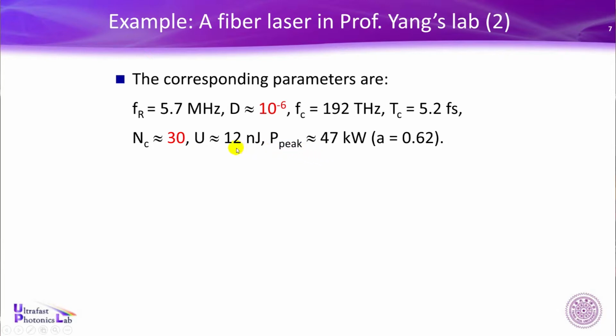The pulse energy is 12 nanojoules. How to get this number? You have average power, right? You have repetition period. A simple division, you got pulse energy. 12 nanojoules. It looks very small, right? Nano means 10 to the minus 9th.